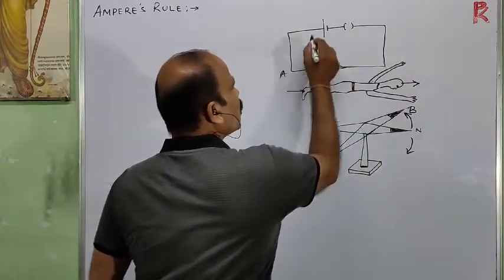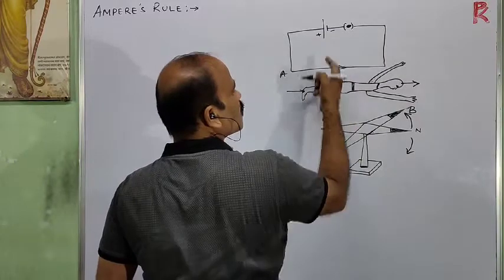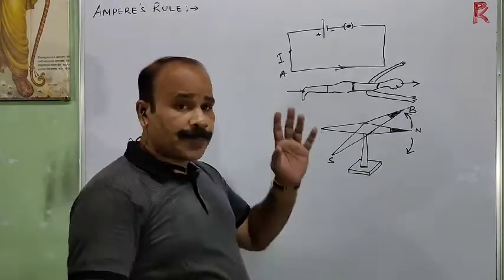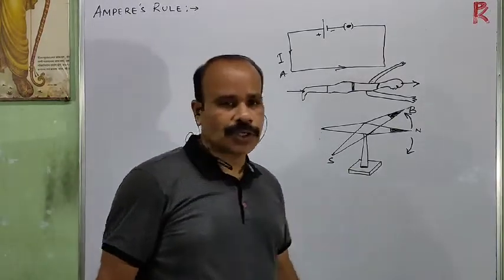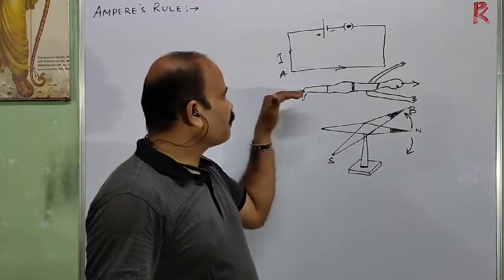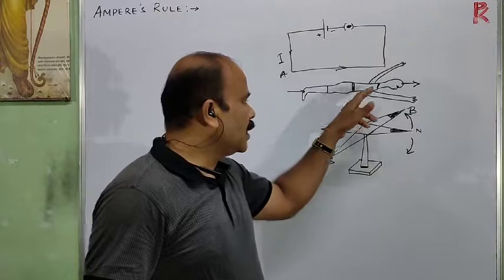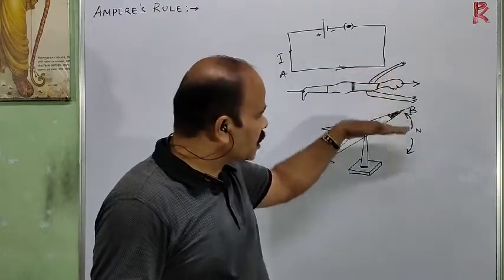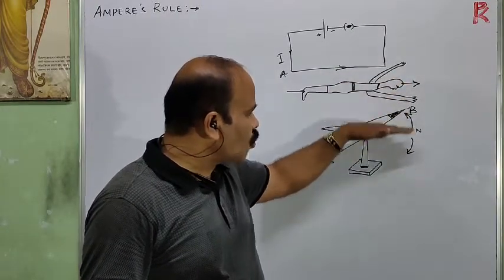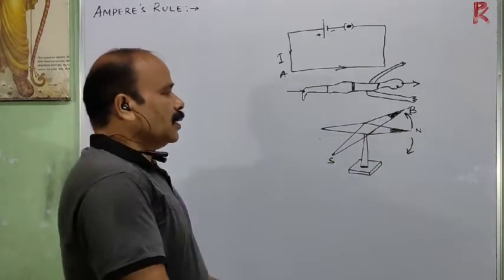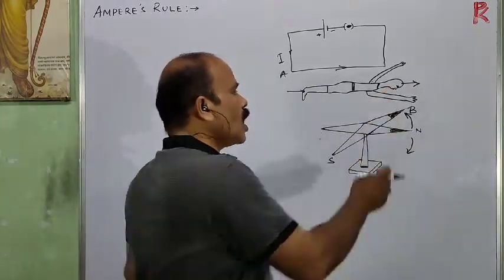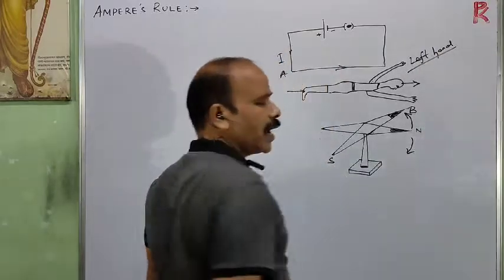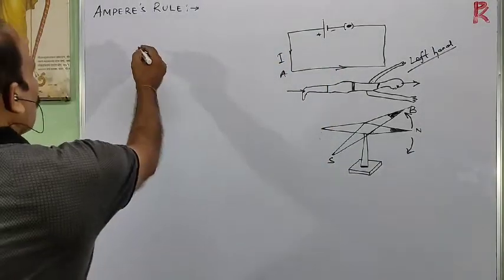Look at the direction of the current. If I switch it on, this is my plus and this is minus, current will flow in this direction. That means Ampere's law states that when current is entering at the leg and leaves at the head and the face of the person is towards the needle, that means the person is looking towards the needle, then the magnetic needle will be deflected towards the left hand of the person. So this will be our law, this rule.